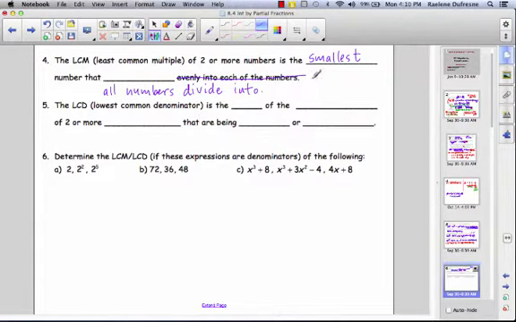So for example, if I have 2, 4, and 5, the smallest number that all of these numbers will divide into is 20. So the least common multiple is 20.